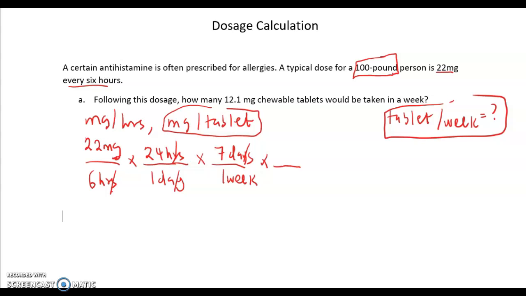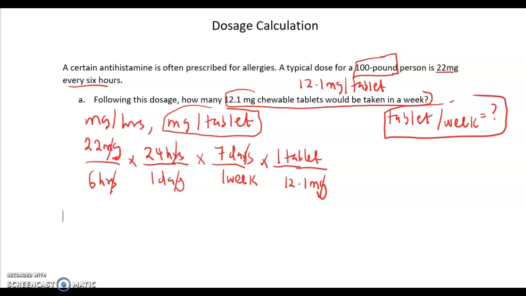So we're going to flip this rate given, which is 12.1 milligram per tablet. So we're going to have our tablet at the top and our 12.1 milligram at the bottom. So milligram cancel out. Now you have your tablet at the top, you have your week at the bottom.